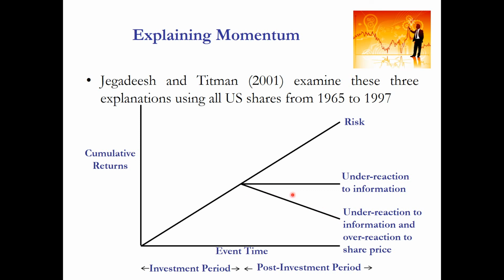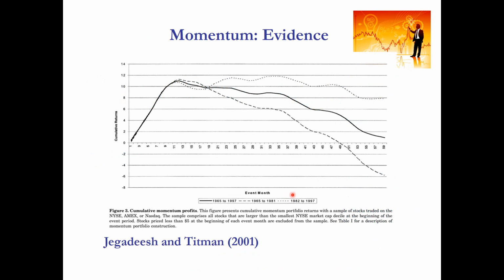So if we look at the actual pattern of returns of momentum strategies across time, we might be able to differentiate between these arguments. Jegadeesh and Titman show evidence that appears to be pretty strongly correlated with the expected pattern that we see by the argument of underreaction coupled with overreaction.